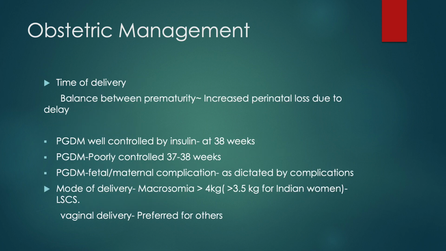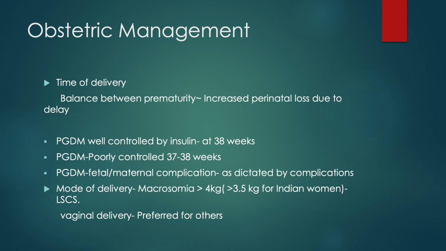When to deliver this woman? When you consider the time of delivery, you have to balance between prematurity when you terminate early, or if the delivery is delayed, there will be increased perinatal loss. So there has to be a balance between prematurity and increased perinatal loss due to delay.